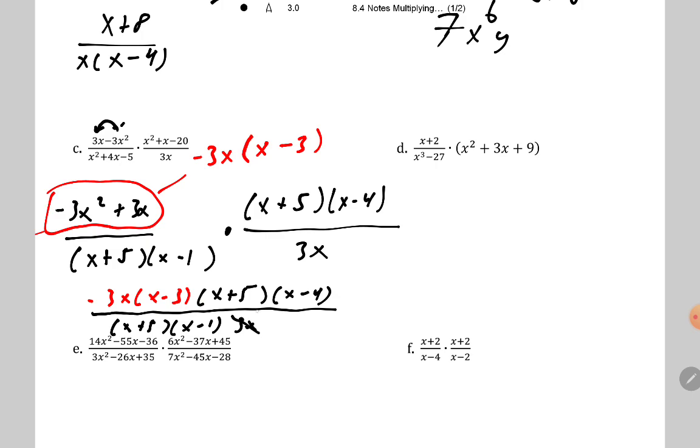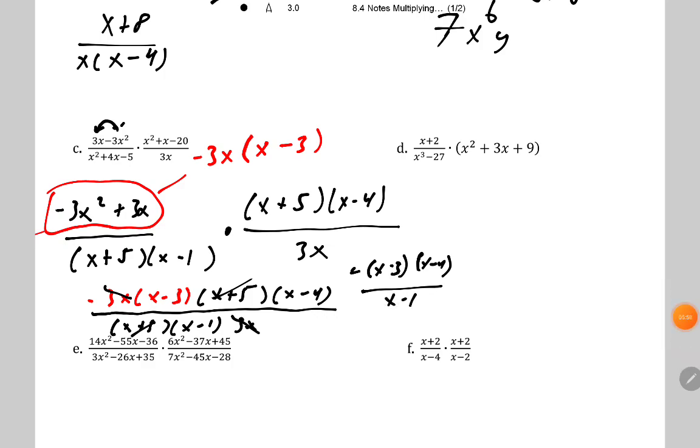So 3x and 3x cancel. X plus 5 and x plus 5 cancel. So we're left with x minus 3 with a negative there, x minus 4, and over x minus 1.